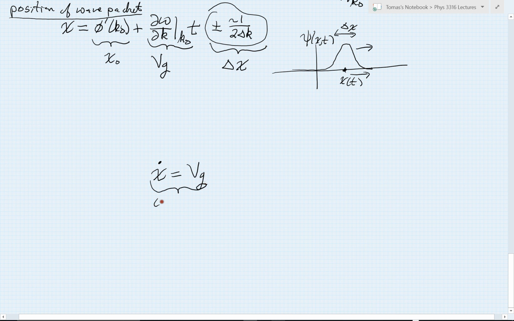This is going to ensure the correspondence principle, so that the probabilities are such that what I will most likely observe is exactly the motion of a classical particle. Now the next connection we can make is that this group velocity is the famous d omega dk group velocity formula.